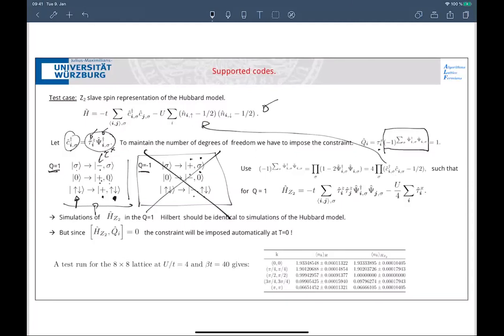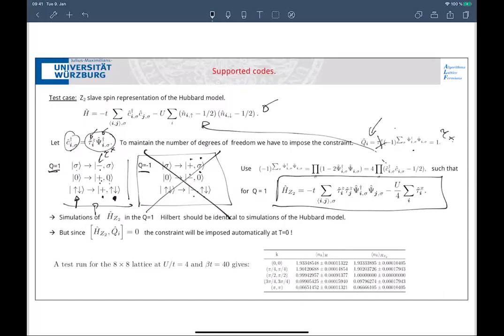Now, because I have imposed that Q is equal to 1, I can multiply both sides by tau x. Let me do this slowly. I multiply both sides by tau x, and tau x goes away here, and I say that tau x is equal actually then to the Hubbard interaction divided by 4. So now I have this Z2 model, right?